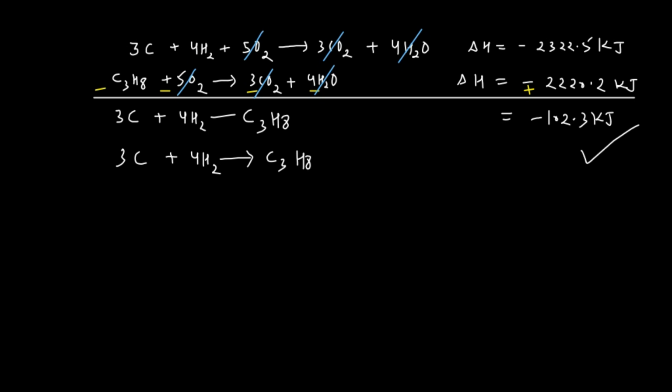So this is your answer. Okay, so you see how important your heats of combustion are, because with the help of the heats of combustion we can calculate the heats of formation of various compounds, for which you cannot go for the direct determination or direct calculation of the heat of formation.